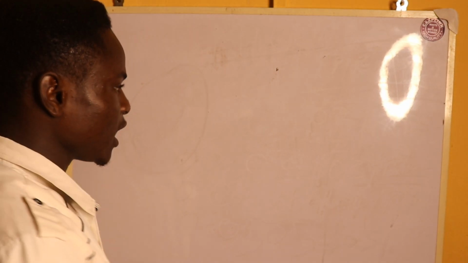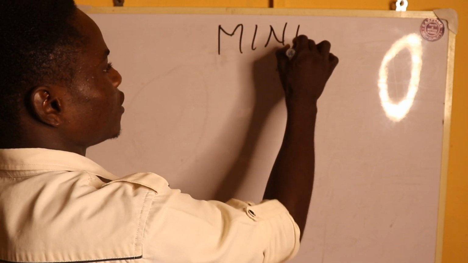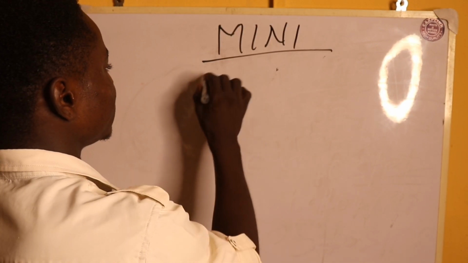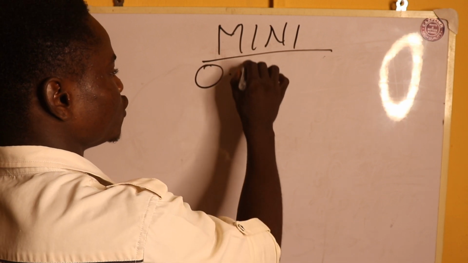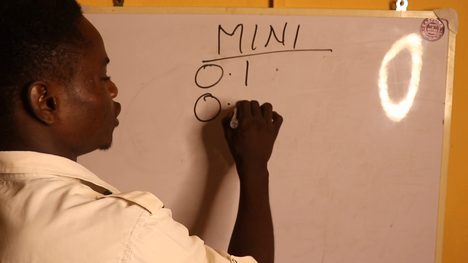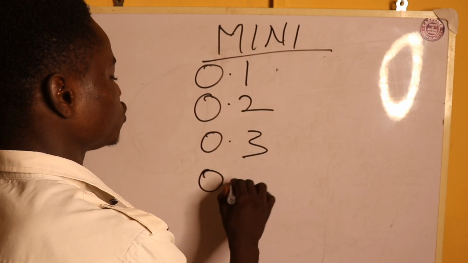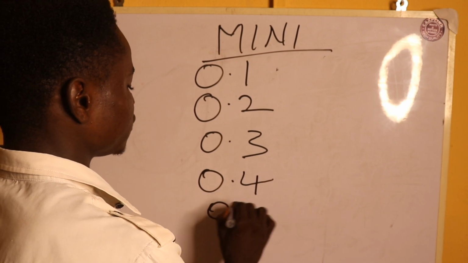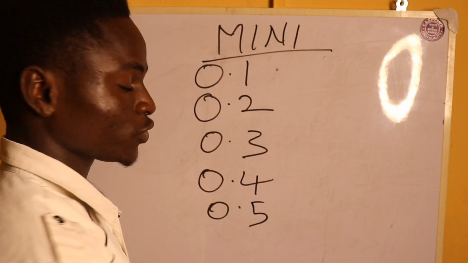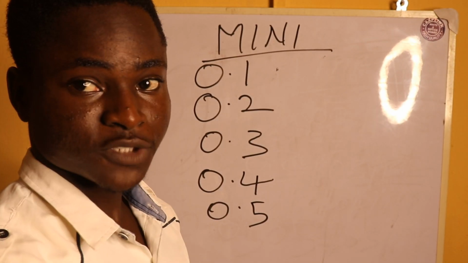Okay, yeah, I get it. And this is what we call mini lots, right? Usually these start from the 0.1 lot size, going to 0.2, 0.3, 0.4, 0.5. This is what we call the mini lots in the forex market.